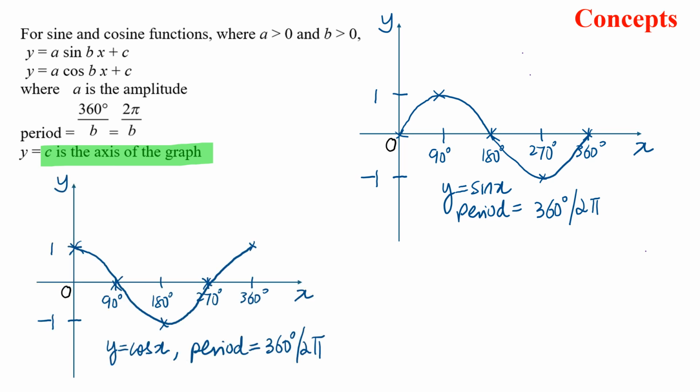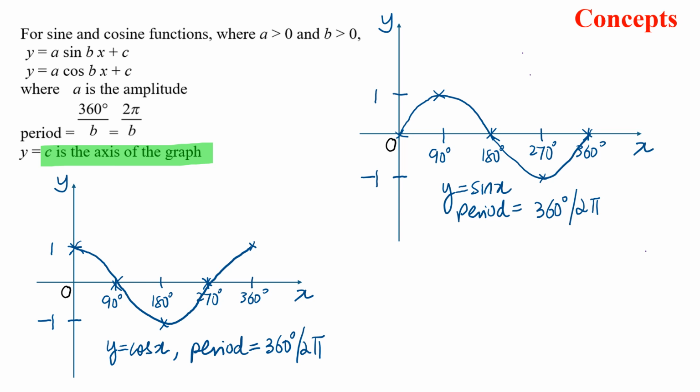And for cos x, the maximum y is 1, minimum y is -1, and all the corresponding angles give you the various values of y, and the period is 2 pi for y equals cos x.